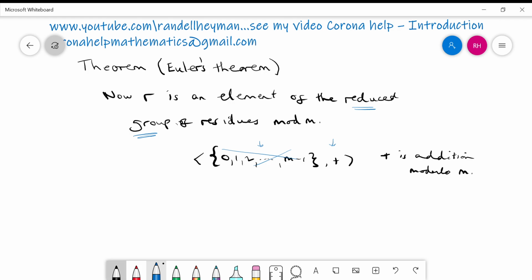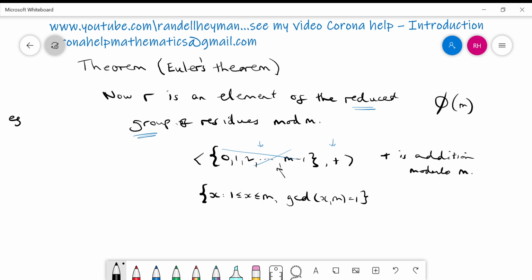Because we're talking modulo, you remember we had the Euler totient function where I said it was all the elements that are co-prime to m. So instead of having this up here with all of them, what we'd have is, let's call it x, such that 1 is less than x is less than m, and that the GCD of x and m is equal to 1. So that's the set.